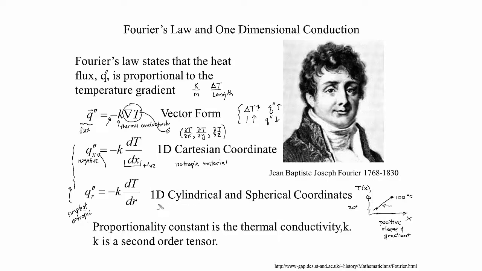Depending on the coordinate system, if we're in cylindrical and spherical coordinates, this heat flux in the radial direction could look like minus k dT/dr. Again, we've said the proportionality constant is the thermal conductivity. In general, this thing is something called a second order tensor. We'll talk about what that means in a little more detail.